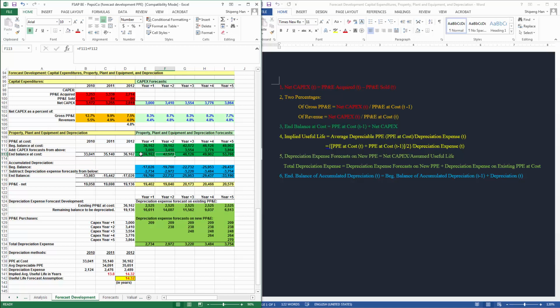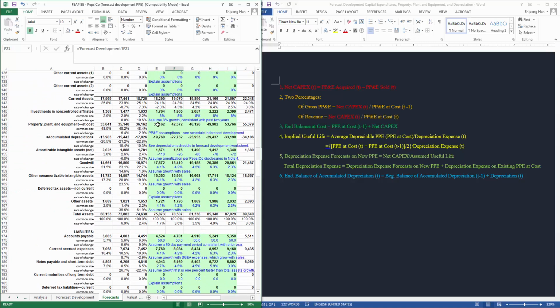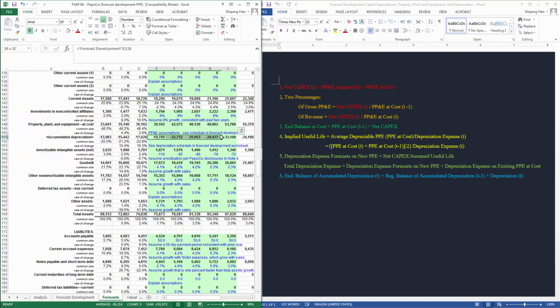What do we get? A balance of PPE from year plus 1 to year plus 5 at cost. Actually, if you switch to the forecast tab, okay, these numbers are direct references from the forecast development tab. Okay, so the next is how to forecast the other one, the accumulated depreciation.